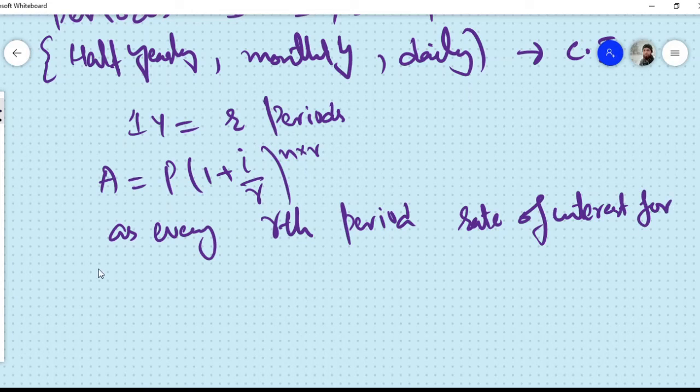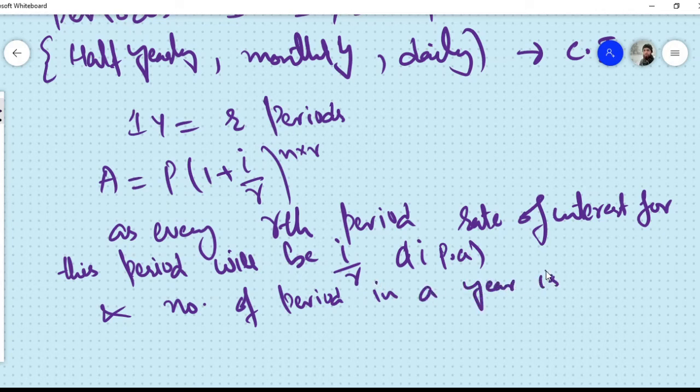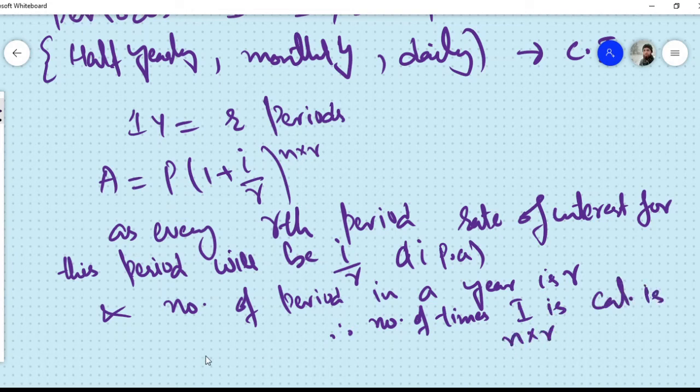As every rth period, the rate of interest for this period will be i divided by r, that is per annum, and the number of periods in a year is r.